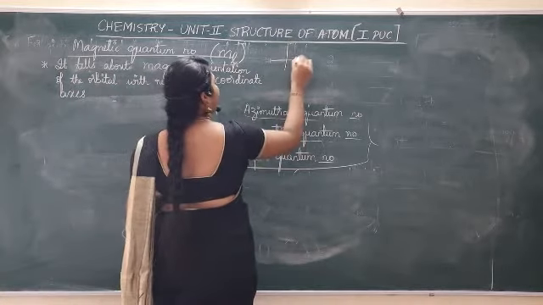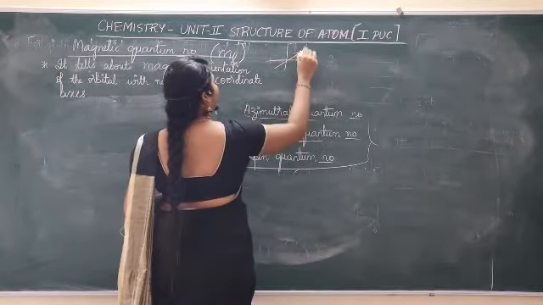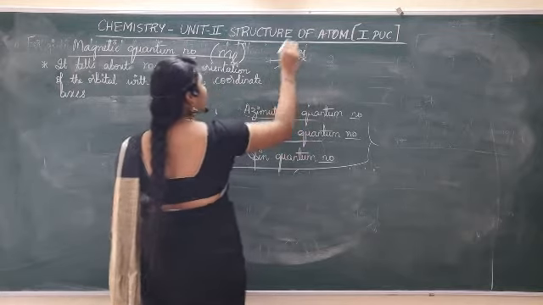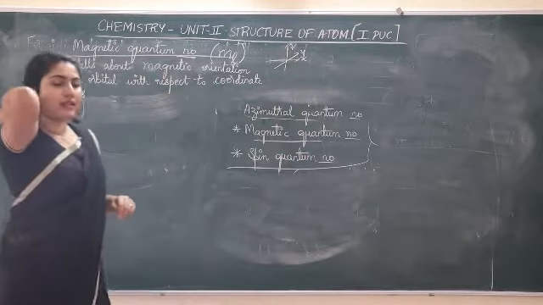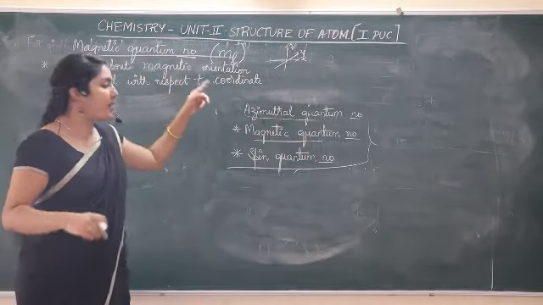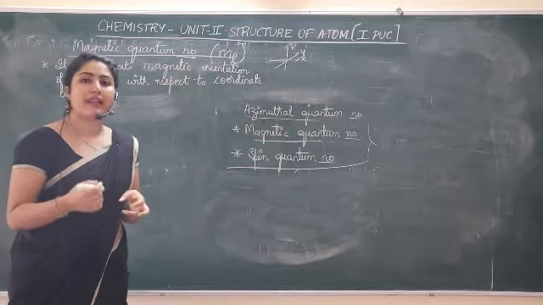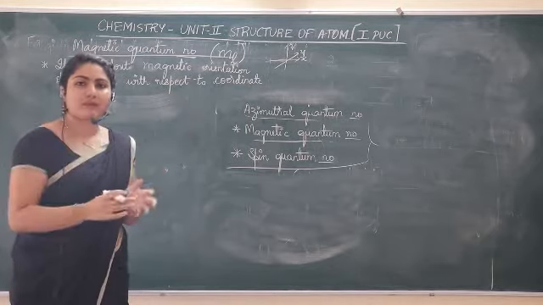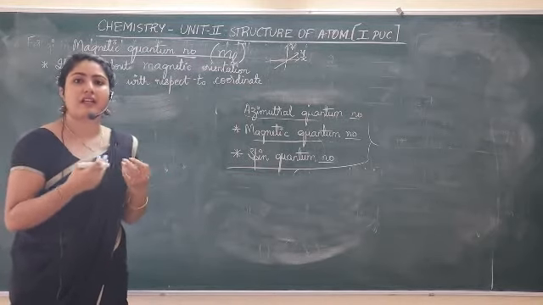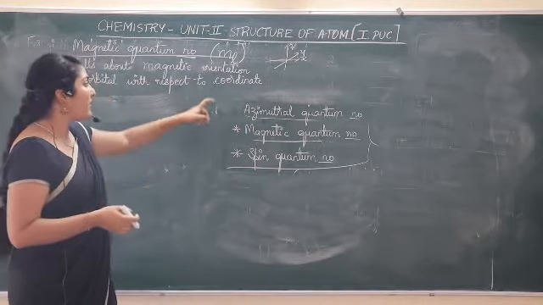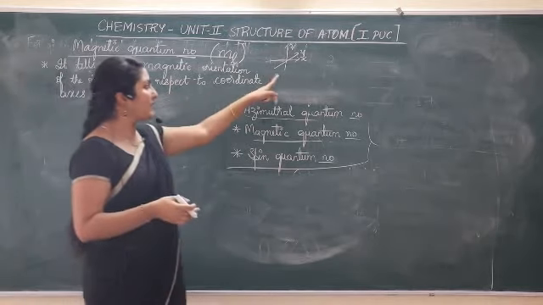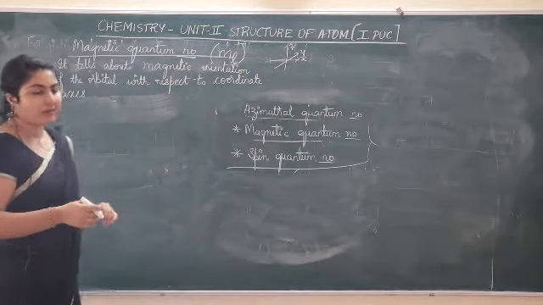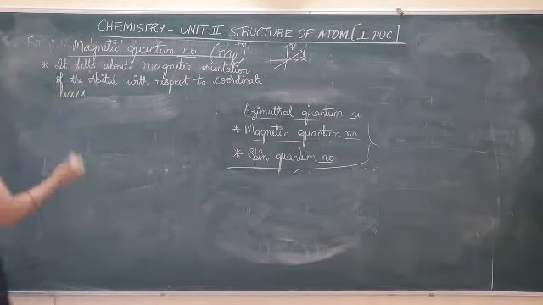This one, X, Y, Z we write, isn't it? By considering this, magnetic quantum number tells about how the electrons are oriented in the given space. How they are arranged or magnetically oriented with respect to coordinate axis is given by magnetic quantum numbers.